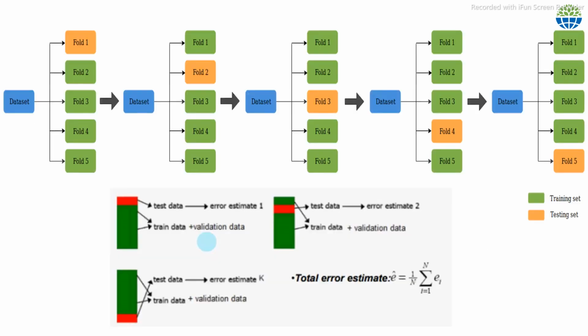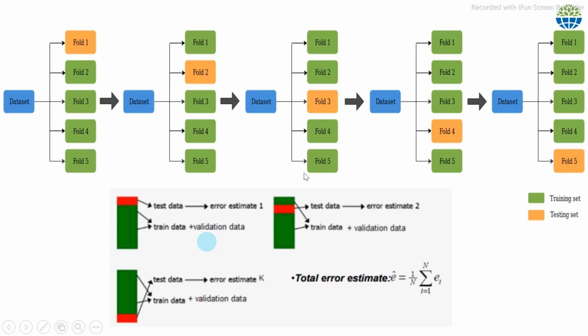Here you can take the example of folds 1, 2, 3, 4, 5. We have defined k-fold as 5, so we go through 1, 2, 3, 4 and then 5. These are the test data we are comparing with the training data. Training data is given in green, and test data is in brown.